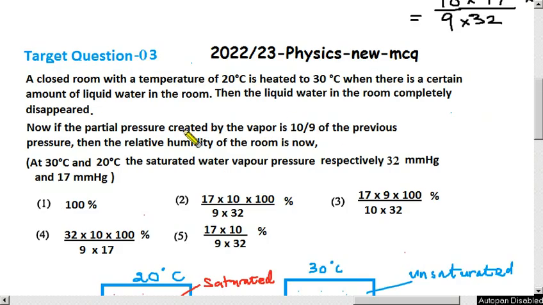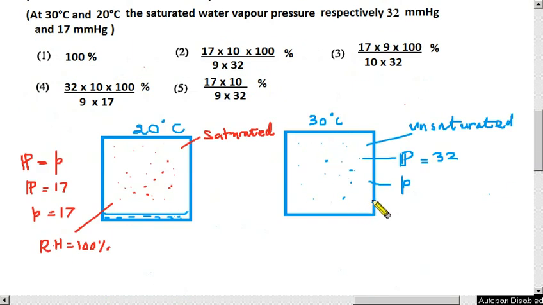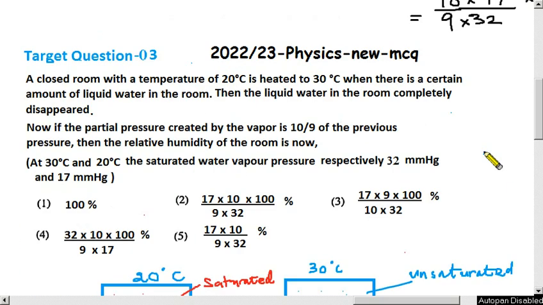What they ask: now the partial pressure created by the vapor is 10 divided by 9 of the previous pressure.